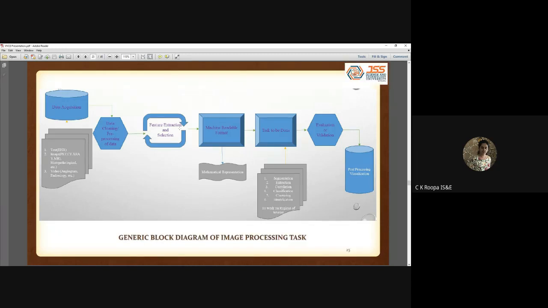Feature extraction is always followed by feature selection, but it is not a mandatory task. Depending upon your requirement, you can take a call whether or not to go for the selection task. Feature selection is basically a subset of feature extraction.